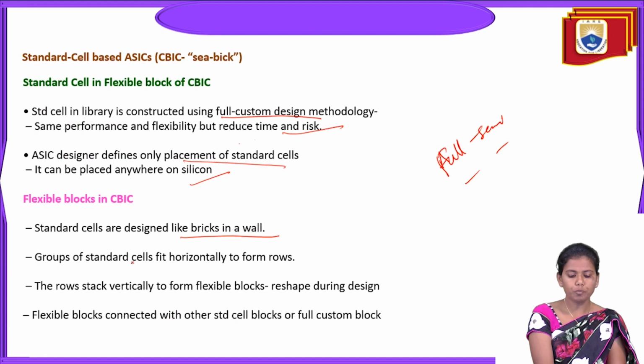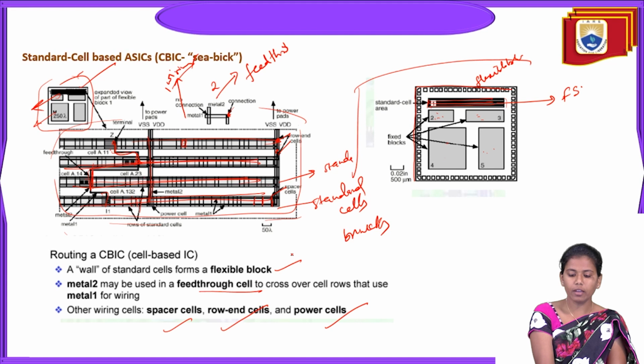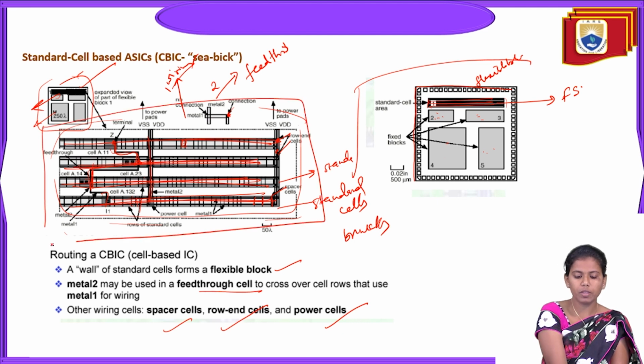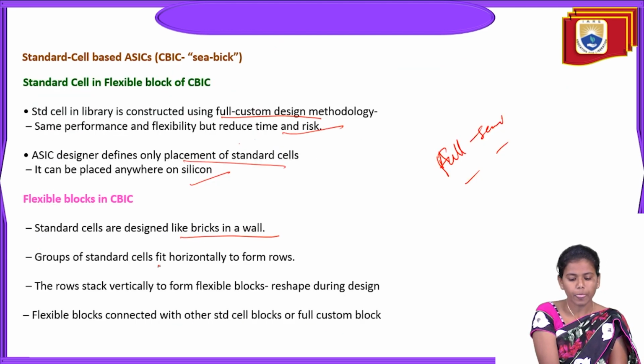Groups of standard cells fit horizontally to form rows. The standard cells are placed horizontally on a silicon chip, and horizontally they form rows. The rows stack vertically to form a flexible block, reshaped during design.